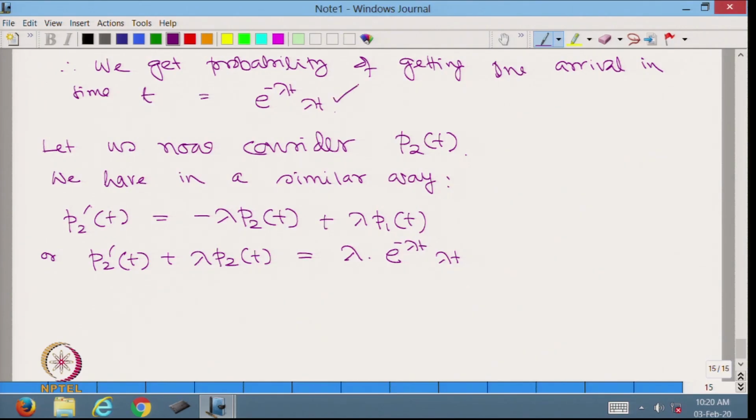This is the value of P1(t), equal to lambda square e to the power minus lambda t into t.